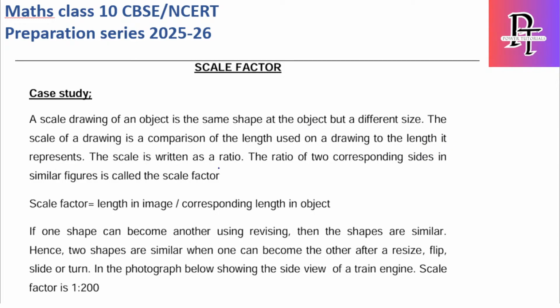The scale is written as a ratio. The ratio of two corresponding sides in the same figure is called the scale factor. Scale factor is the length of the image divided by the corresponding length in the object. If one shape can become another using resizing, then the shapes are similar. Hence two shapes are similar when one can become the other after a resize, flip, slide or turn.